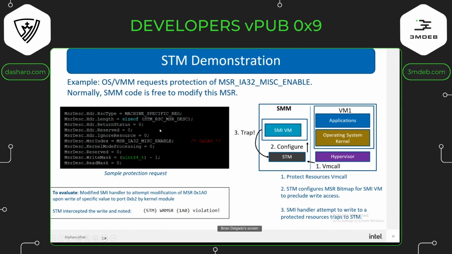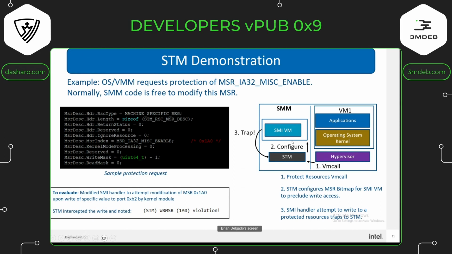The STM inspects the policy, makes sure it's sane, in terms of the integrity of that protection request, that it doesn't break any rules. The STM will then go and configure the MSR bitmap for this SMI VM.